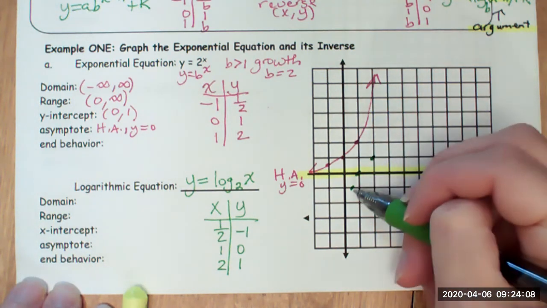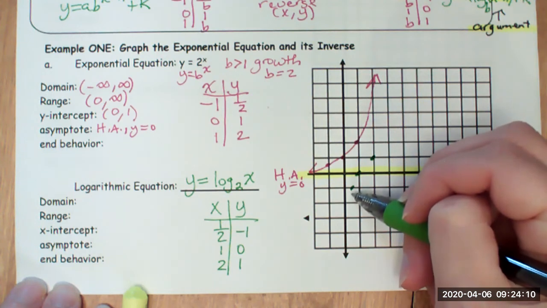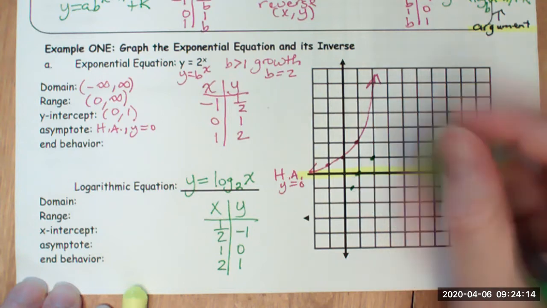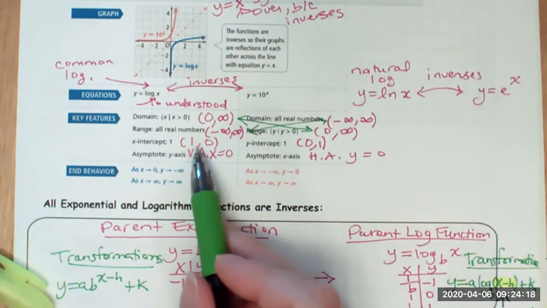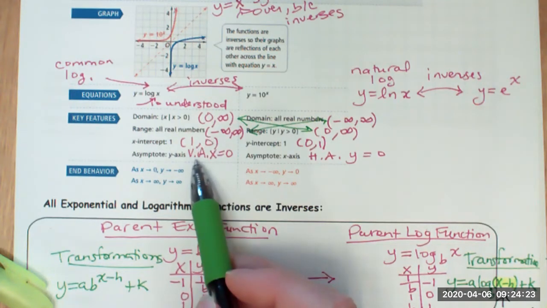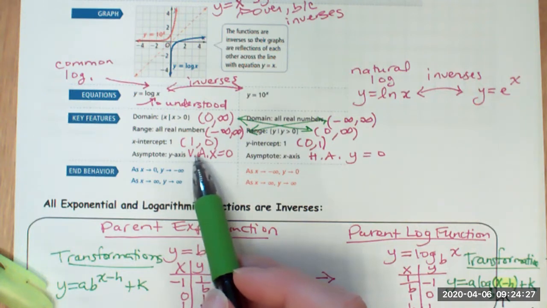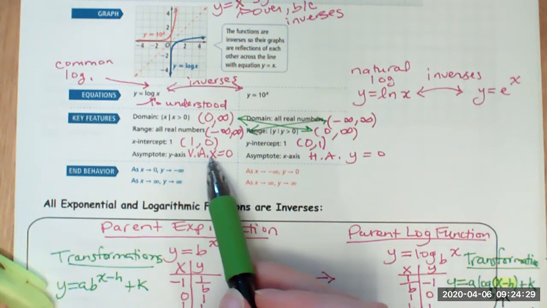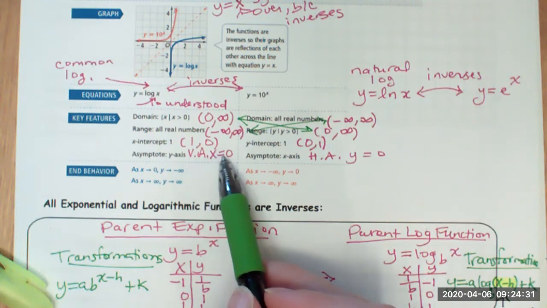Now, before I graph this, I want to make sure I'm aware of where my asymptote is. Now, I want you to remember from up here, we talked about that the log function, y equals log x, and it doesn't matter if it's base 10 or base 2, which is what we're working with now, the asymptote is going to be vertical at x equals 0.